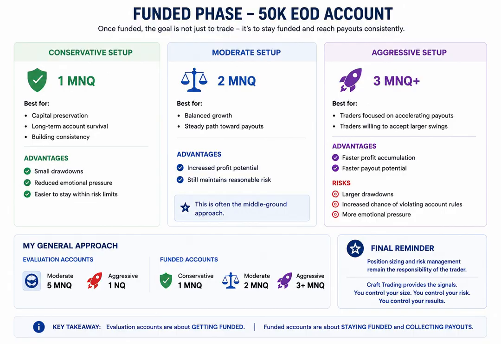That being said, evaluation accounts are all about getting to the funded, right? Funded accounts are about staying funded and collecting profits or payouts as much as possible. And this is what the sizing is about.